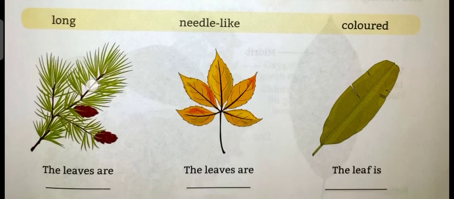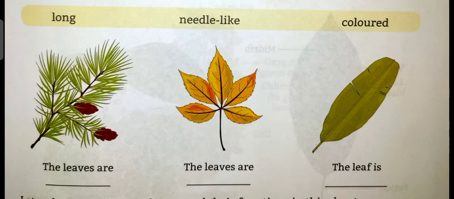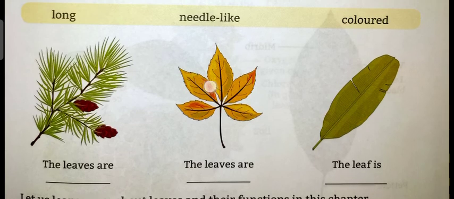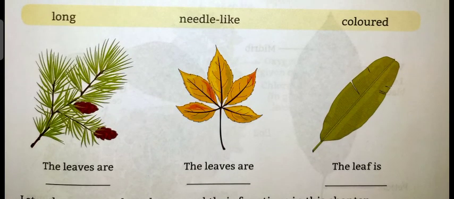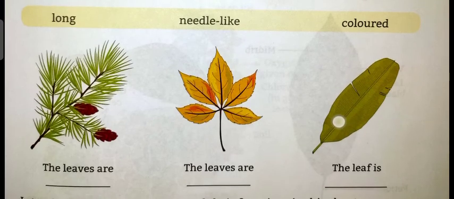You see that this leaf is shaped like a needle, so here you write needle like shape, and these leaves are very colorful, so write colored here, and this leaf is very long.